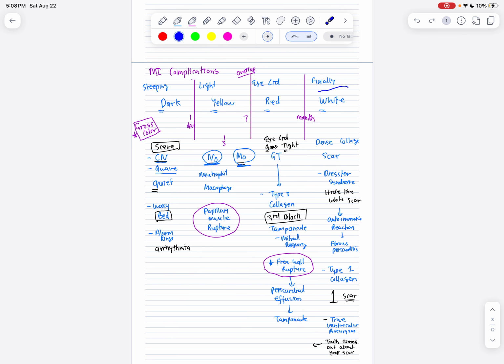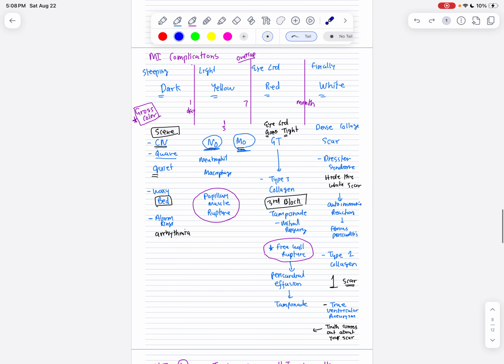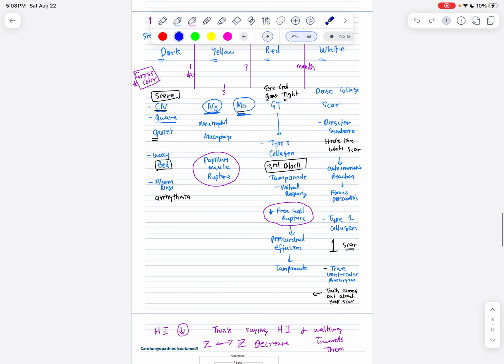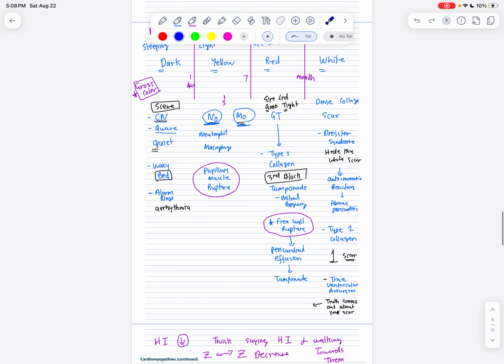And finally, we are going to go with the color white. So it's white, dense collagen scar. Imagine just a white scar. So two symptoms are associated. A person sees the white scar, they dress themselves up to avoid the scar. So Dressler syndrome. This is an autoimmune reaction, fibrous pericarditis, which happens after a month.